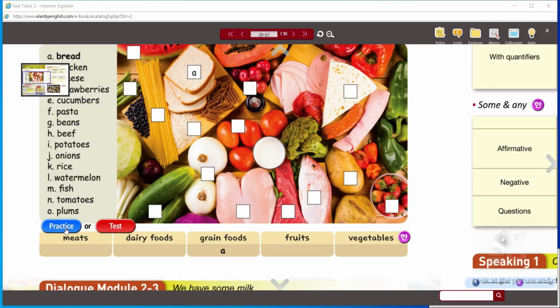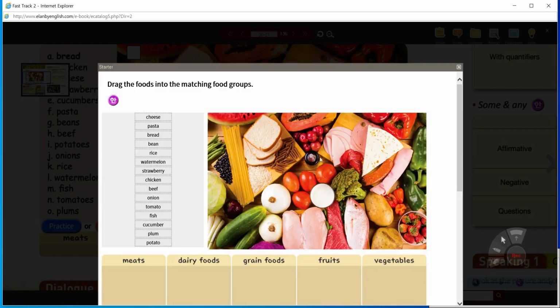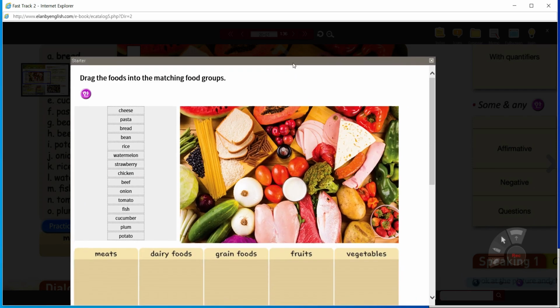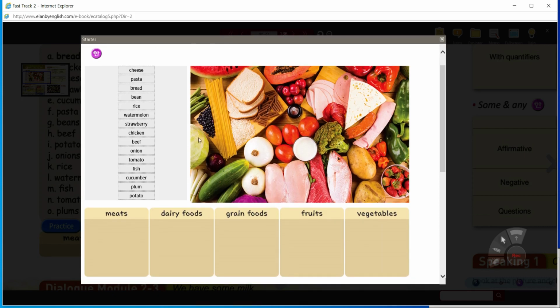Okay, so once again, I'm going to review this on the ebook. So again, this is something you can review on your own when you have time on your own. And what we're going to do is we have the picture here. We're going to drag all of these words into the different categories. Okay.